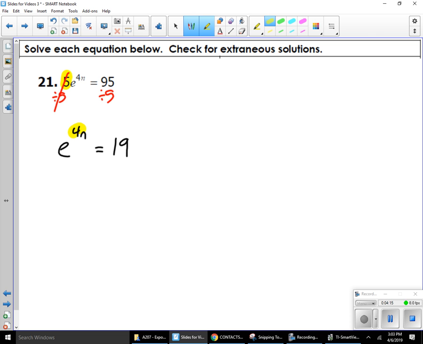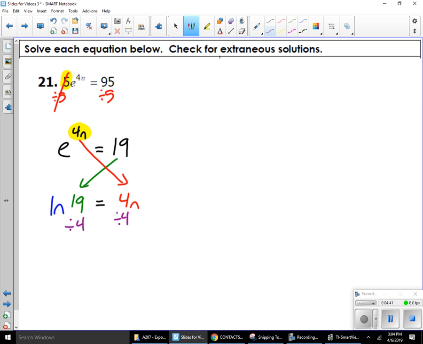So in order to get this 4n out of the exponent spot, I need to use natural logs. So natural log of 19 will equal 4n. Note that n is not by itself yet. I want to get that 4 out of here, so I need to divide both sides to do it.